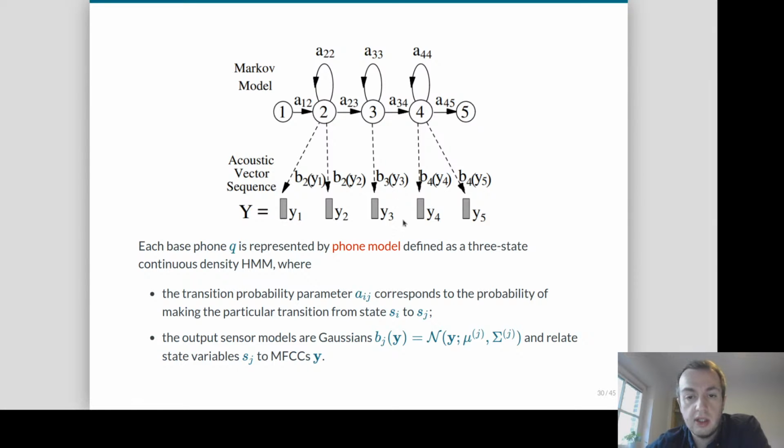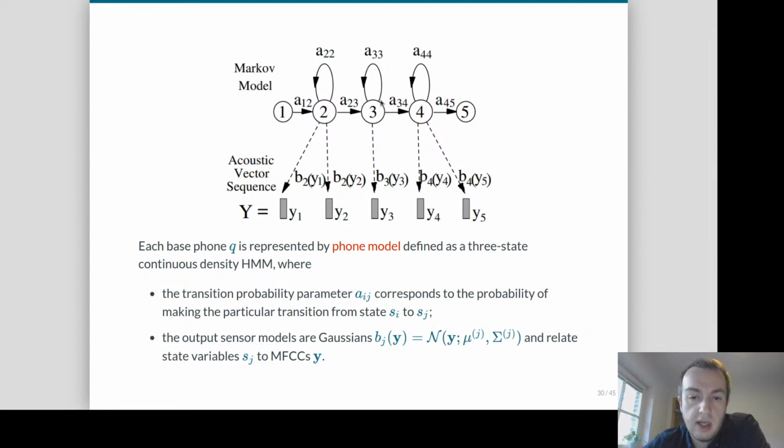And associated to this value 3, we would emit other observations, other acoustic vectors Y. And then again, in this state we could either remain with this value, and in that case we would emit again these Y3 vectors, or we would transition to state 4, which would be associated to other acoustic vectors. And finally, either we would not produce any acoustic vectors anymore because we would have pronounced the entire phone, or we would keep being in this state and produce a bit more of these acoustic vectors.